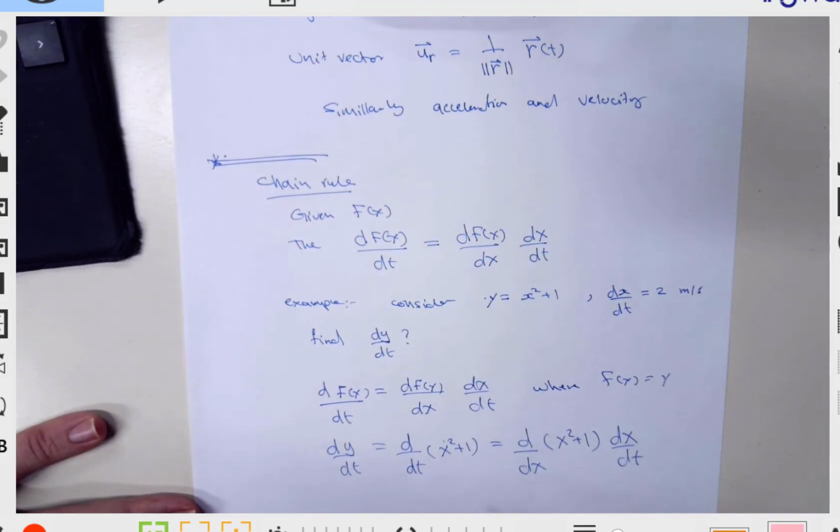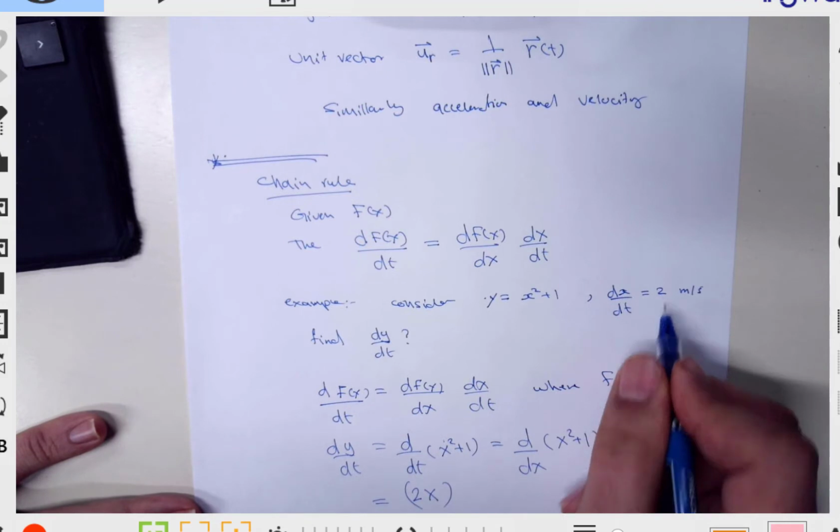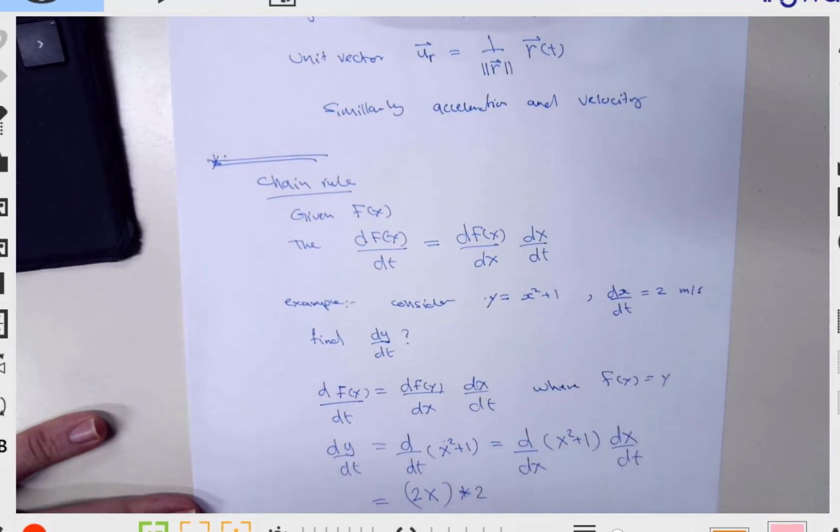And that's equal to 2x multiplied by, this is already given to us, 2, equal to 4x. Great.